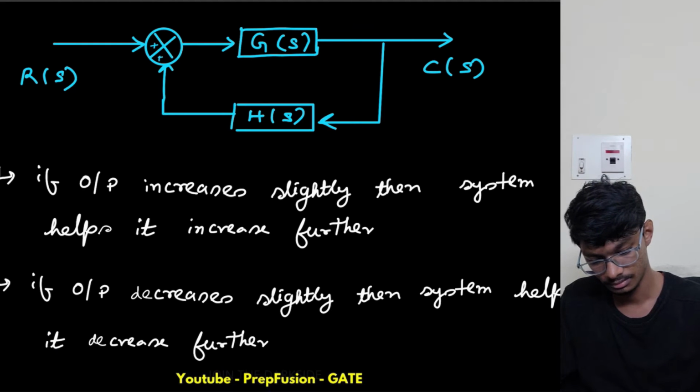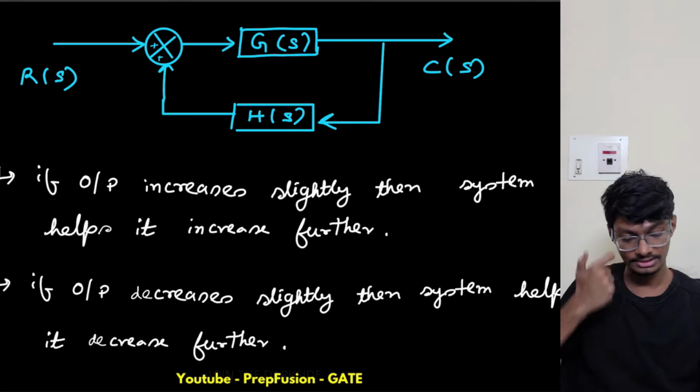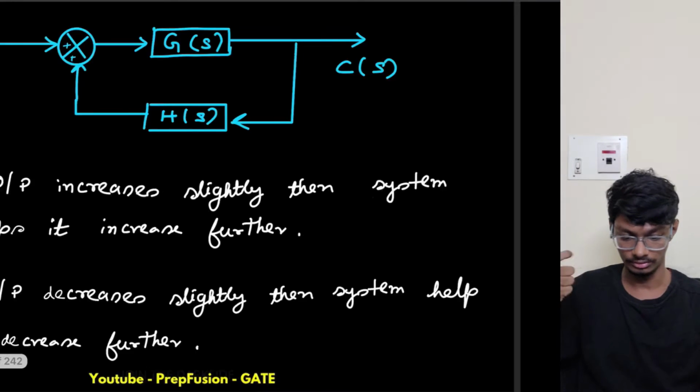So if the output decreases slightly, the system helps it decrease further, and if it increases, the system helps it increase further.